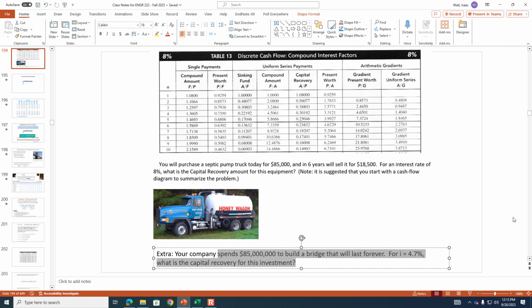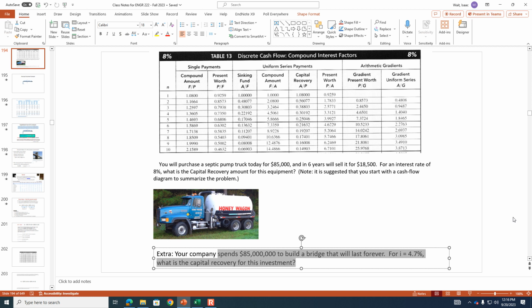what we're trying to find out is what is the annual equivalent of that forever, 1, 2, 3, 4, 5, and so on, what is A? And the way that we do that, for i equals 0.047, A is P times i for something that will last forever.